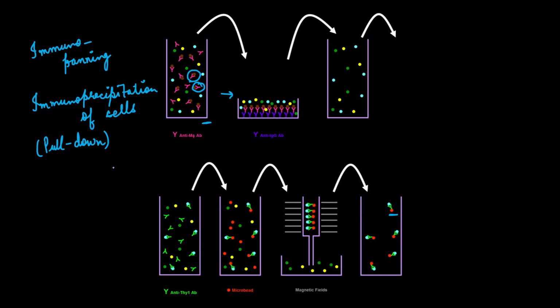If we use the traditional immunoprecipitation used for proteins, the cells may be damaged. That is why in immunopanning only a single solid surface is coated with the specific antibody or the cell surface protein ligand. So this is immunopanning.